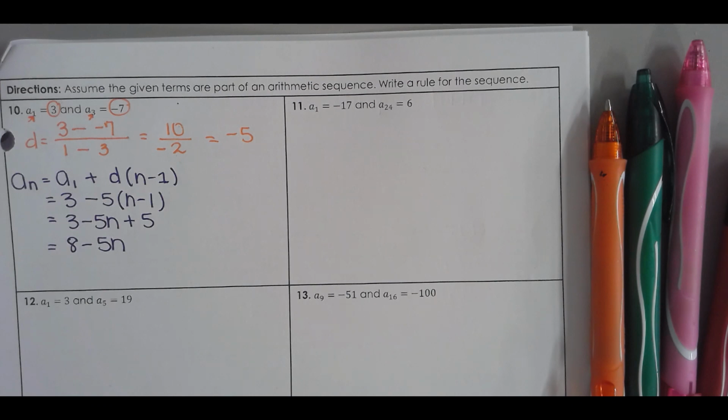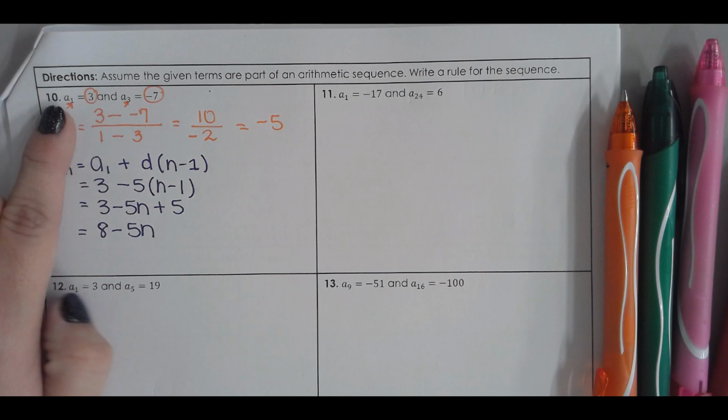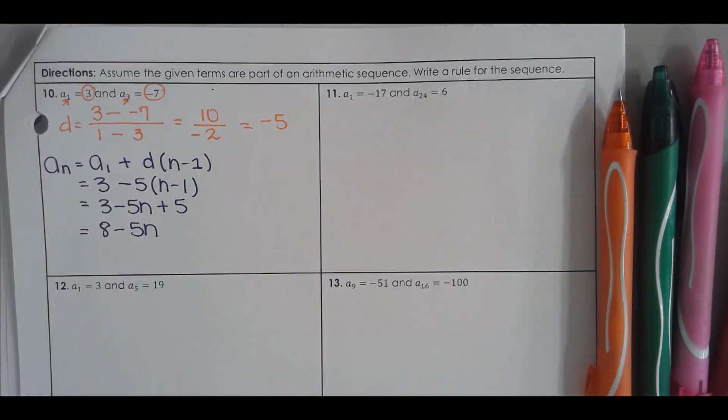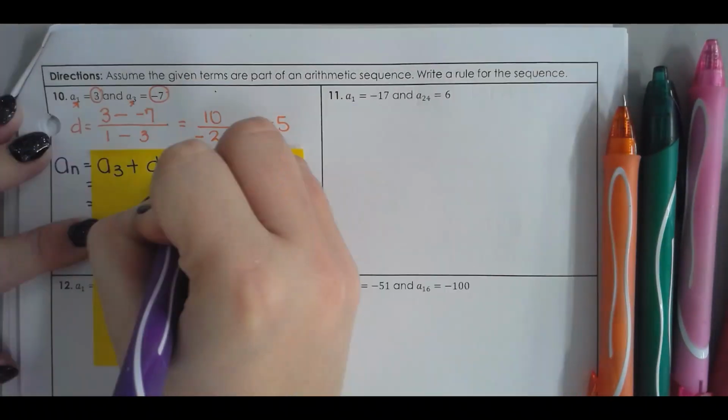So for those of you that are like, well, the zero term would be 8, and you had 8 minus 5n. You could have also done it this way if I wanted. Remember I told you you could replace the ones.